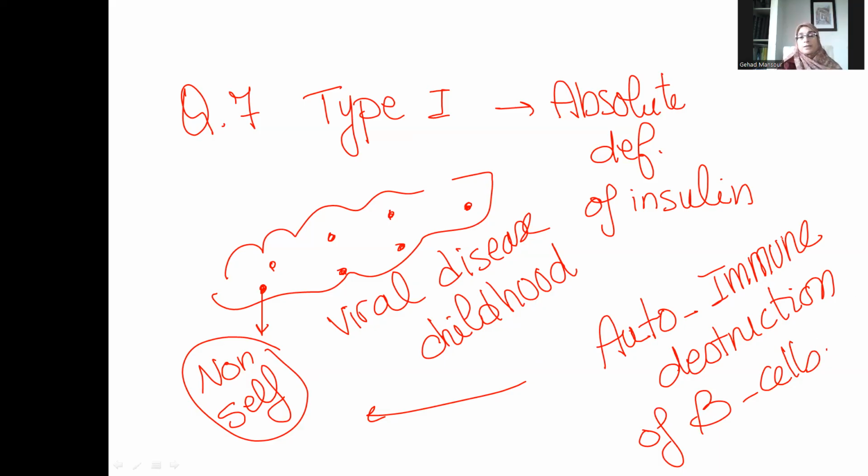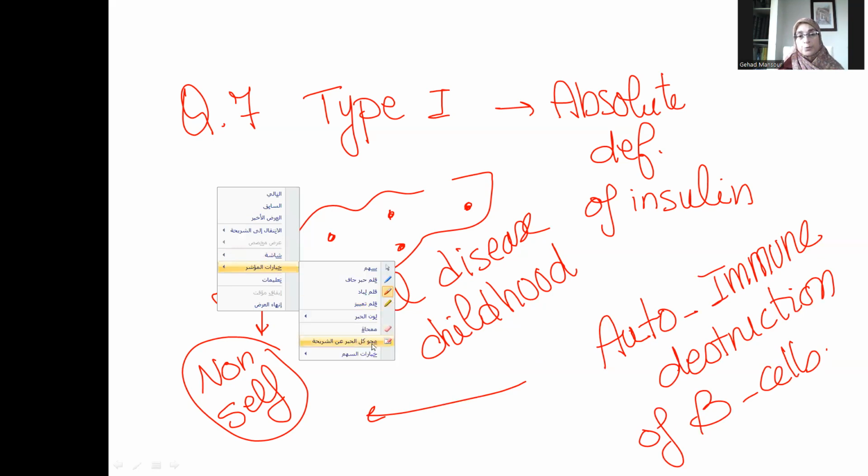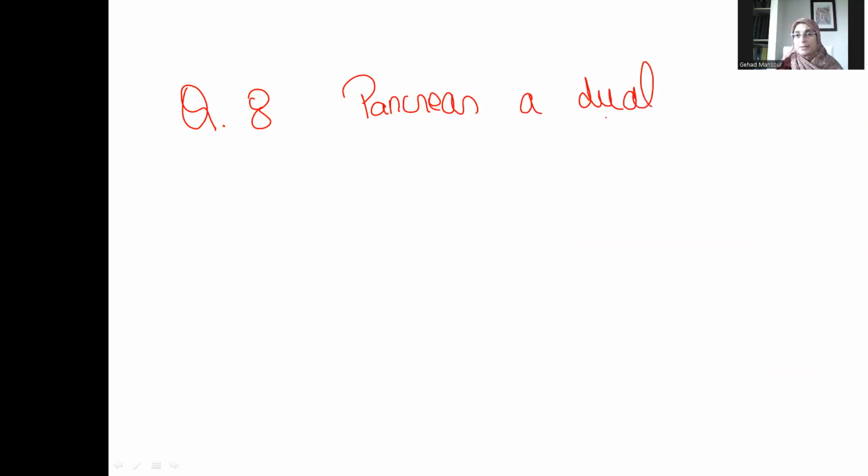And this leads us to question number 8, which is why the pancreas is considered a dual gland. Of course, this is an easy question.